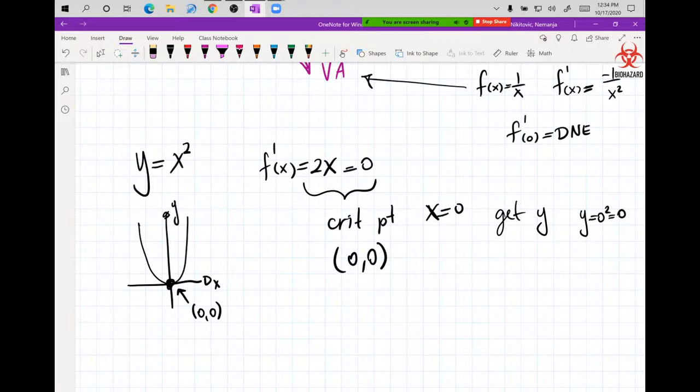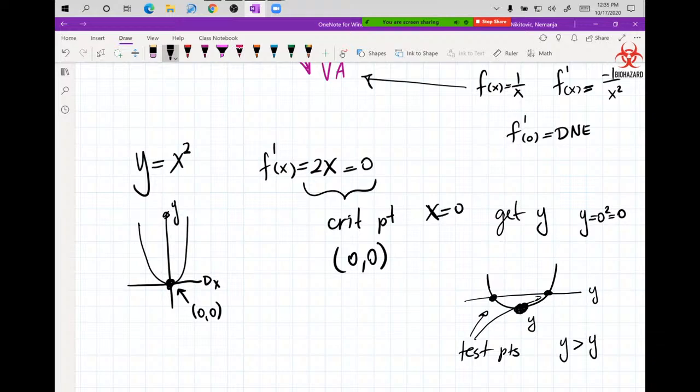Look, when you have a minimum, so this is your critical point right here. If you go a little bit to the left and a little bit to the right, you see that the y values that you get are higher than the y value of your minimum. So these two are test points. If their y values are larger than the y value of your critical point, yc, then the point is a minimum, because these points are taller.